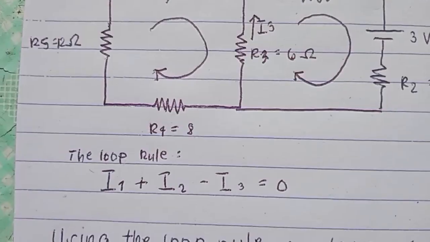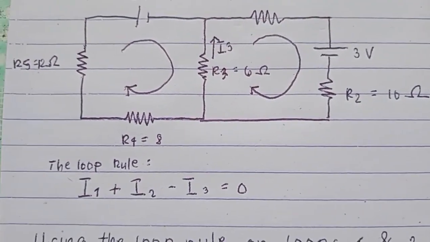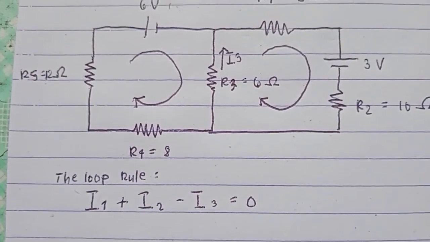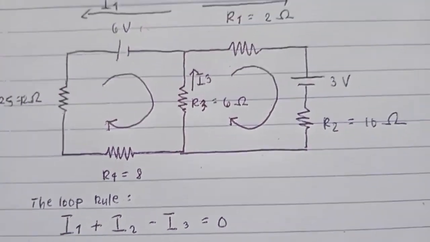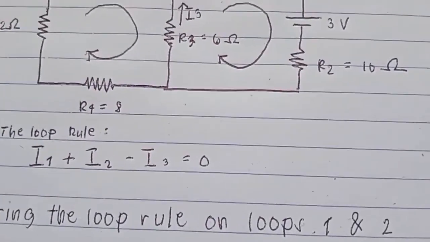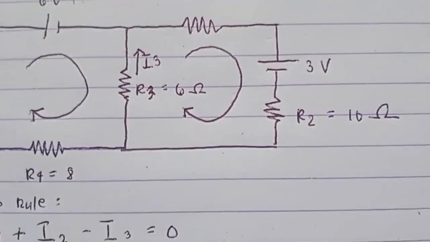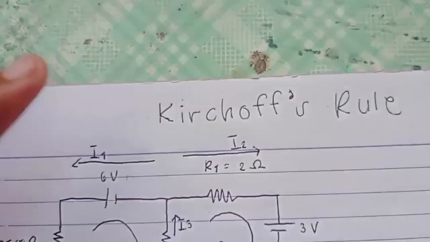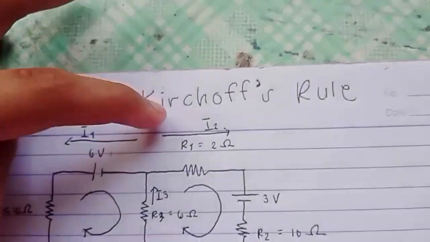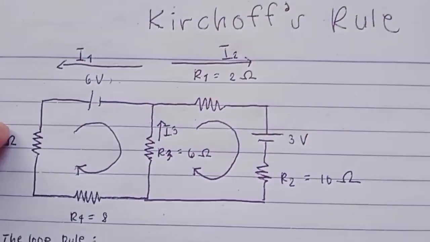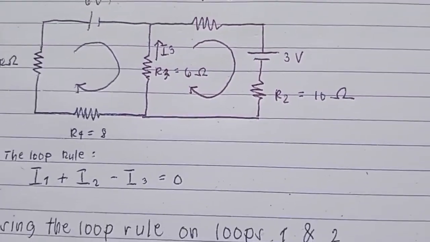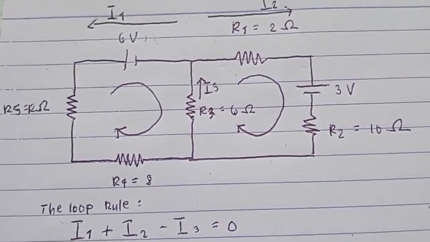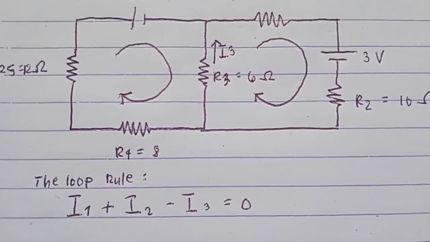So we already have our first formula, which is I1 plus I2 minus I3 equals 0. This is very analytical because, as you see, I1 is going this way and I2 is going that way, and the one going to the middle would be I3. So that is how we get our formula.